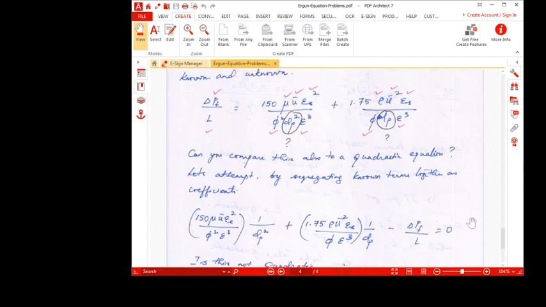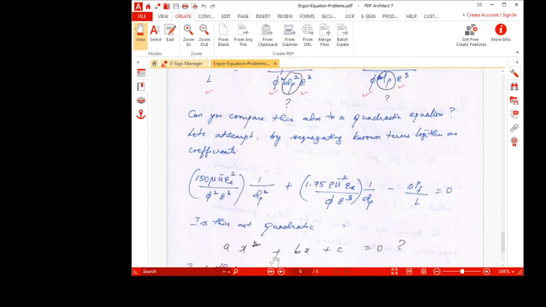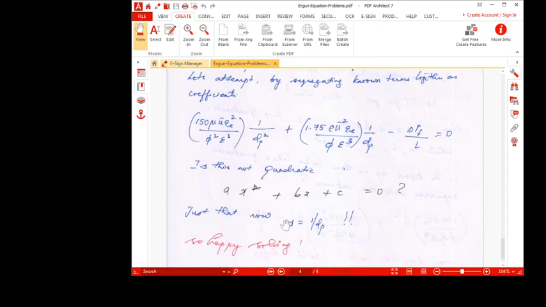If you have done so, you will get such an equation. We collect all the terms with the square term, and this is all with diameter to the power 1 in the denominator, and this term should be brought to this side. So this will also look like a quadratic expression, but the only difference is x is equal to 1 by dp. That means this can also be solved.